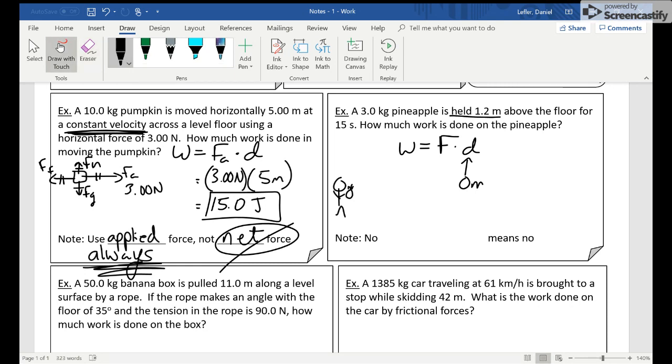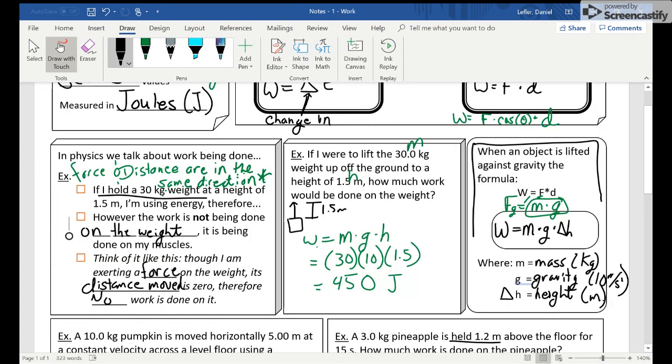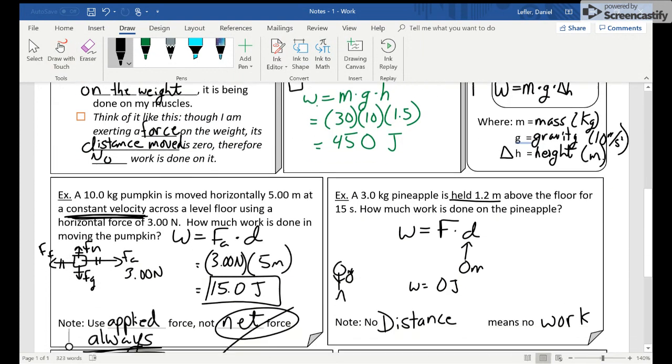So our distance is 0, so that means our work equals 0. You can either leave your answer just as 0, or you can say 0 joules. So if we have no distance, that means no work. So that's a nice and easy problem there, as long as you read it correctly.